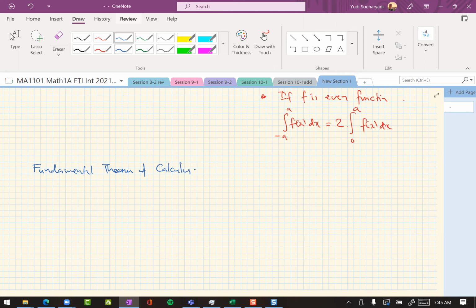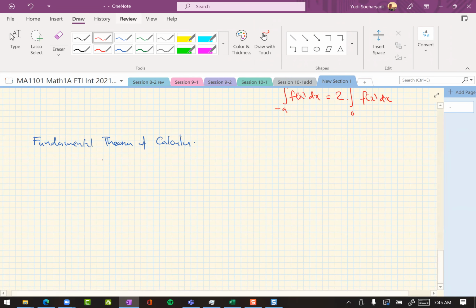All right. So the fundamental theorem of calculus is the thing that relates the definite integral, indefinite integral, and derivative.